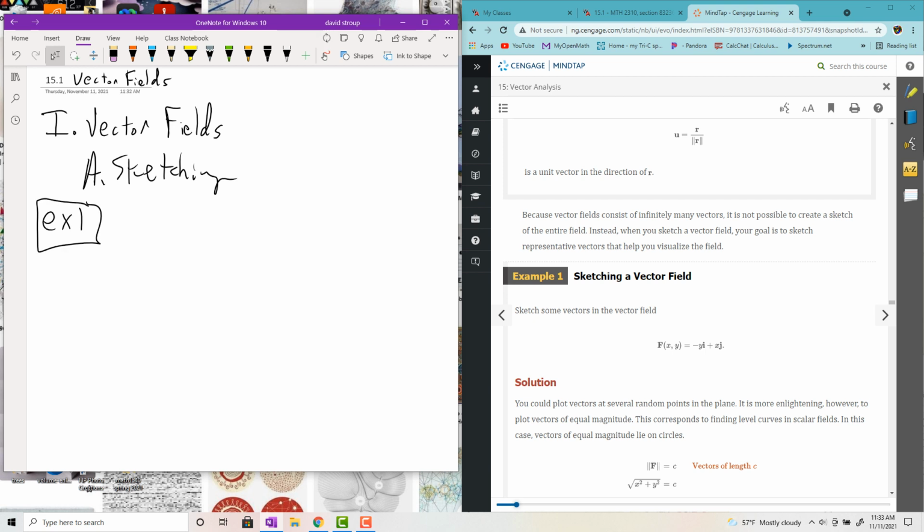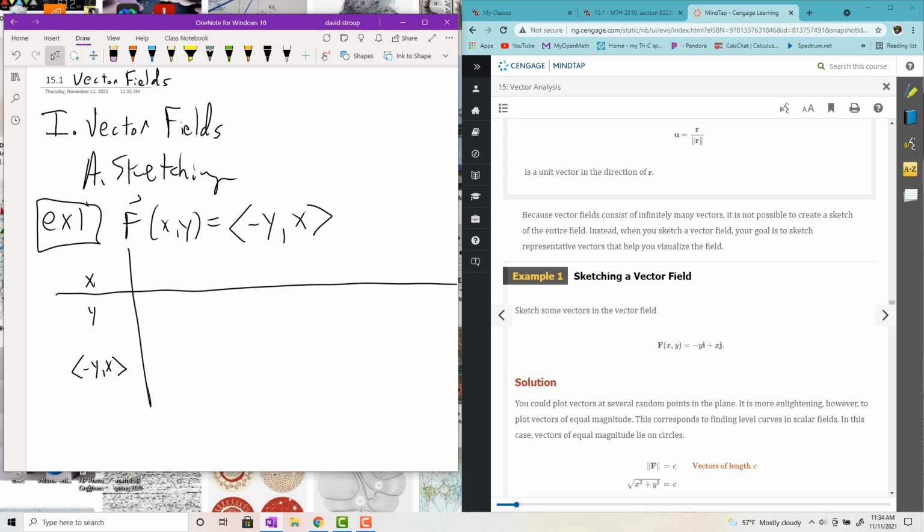It works the same way as what you did in Calc 2 with slope fields. Here we have negative y comma x, and you could do a table with x, y, and then negative y comma x. Then pick some points around 0, 0.